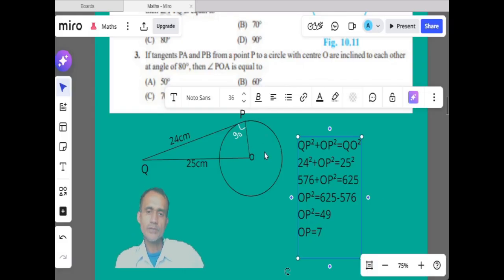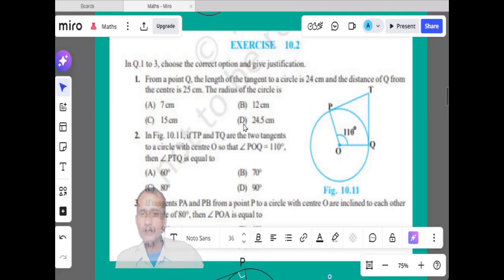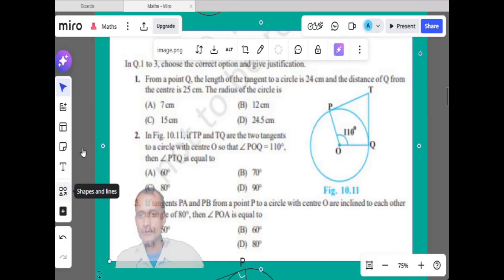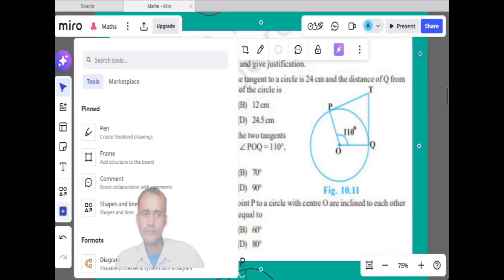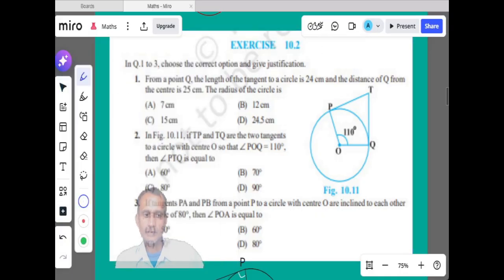So the radius of the circle is 7. So the correct answer is this one.